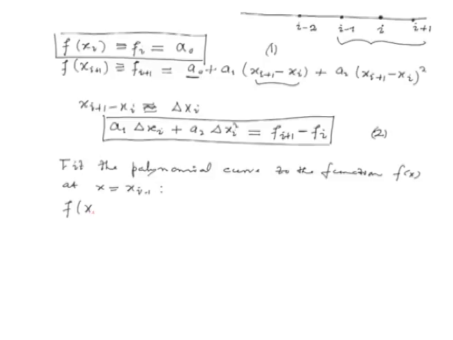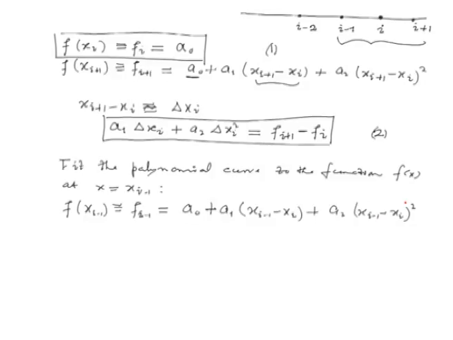F of xi minus 1, which we would denote by f subscript i minus 1, is equal to a0 plus a1 times xi minus 1 minus xi plus a2 times xi minus 1 minus xi whole square.